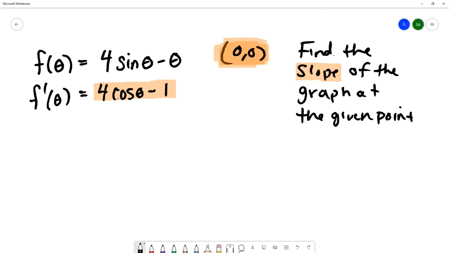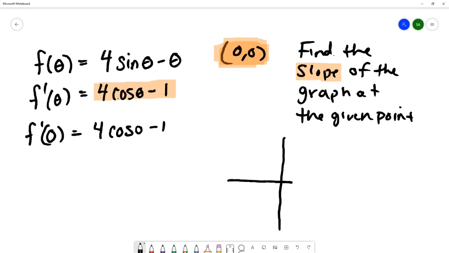So I'm going to substitute a 0 in for theta, and that gives me 4 cosine theta minus 1. Excuse me, I should have been substituting a 0 in there. Cosine of 0. So 4 cosine of 0. So I'm thinking of my unit circle, and I need the point on the unit circle that has an angle of 0.